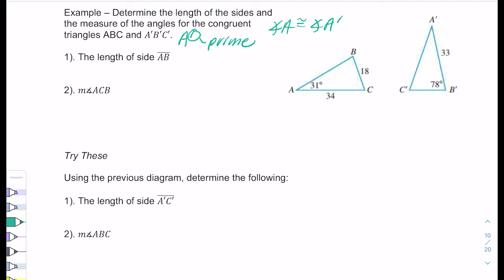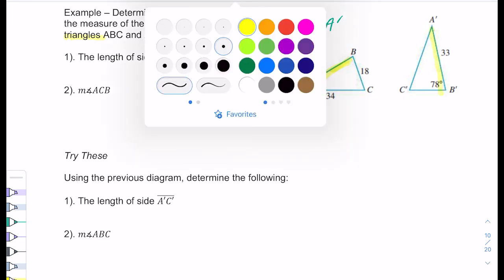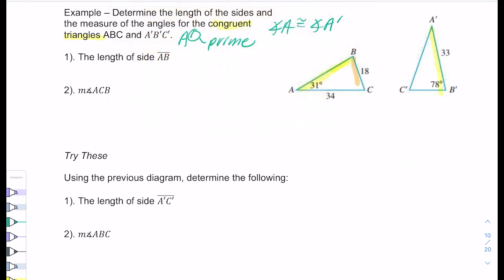Okay, so remember, we're dealing with congruent triangles. It told us here they're congruent. So what does that mean? It means the corresponding sides are equal and the corresponding angles. So I'm going to first color code these, right? I've got side AB, and that side will be equal to side A prime, B prime. Then I've got side BC, and that's going to equal side B prime, C prime.